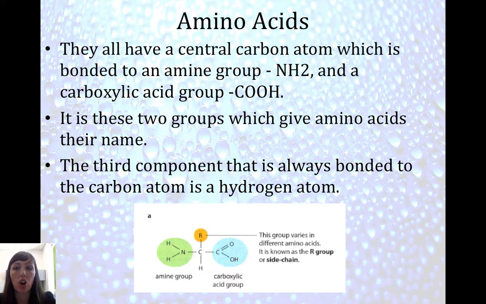They all have a central carbon atom, which is bonded to an amine group, which is NH2, and a carboxylic acid group, which is COOH. It is these two groups which give amino acids their names. The third component that is always bonded to the carbon atom is usually a hydrogen atom.